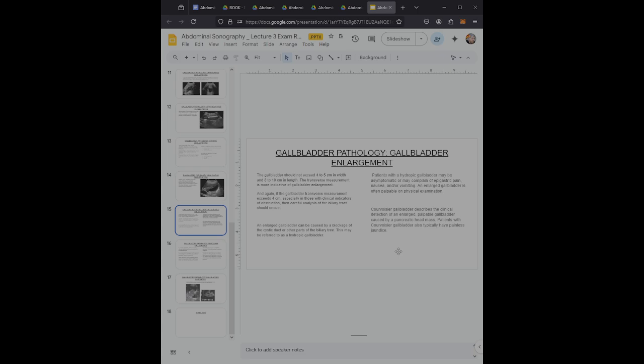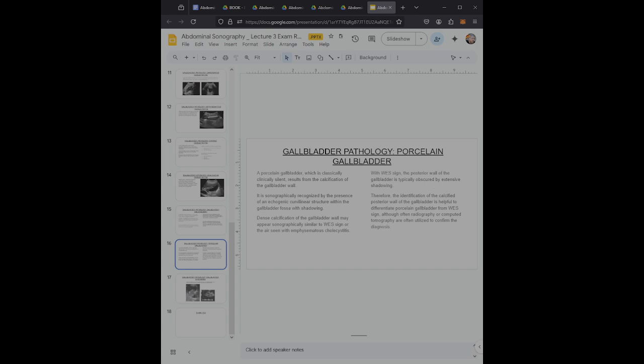A Courvoisier gallbladder describes the clinical detection of an enlarged, palpable gallbladder caused by a pancreatic head mass, and patients with Courvoisier gallbladder also typically have painless jaundice. So sonographically, the gallbladder measures more than 4 to 5 centimeters in diameter, or 8 to 10 centimeters in length, and we look for obstructive entities, such as cholelithiasis or pancreatic masses.